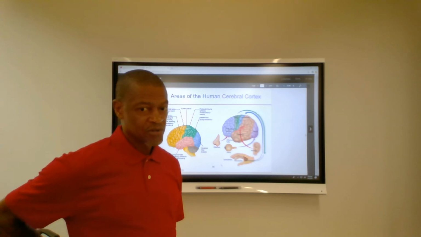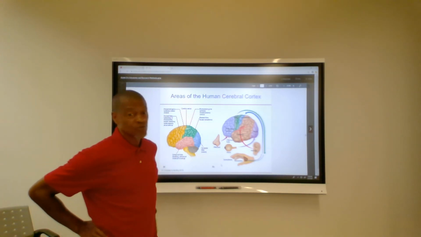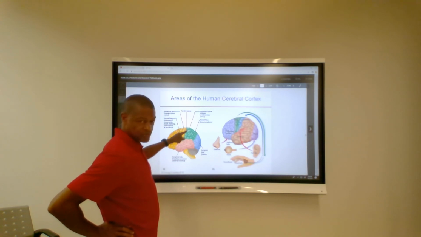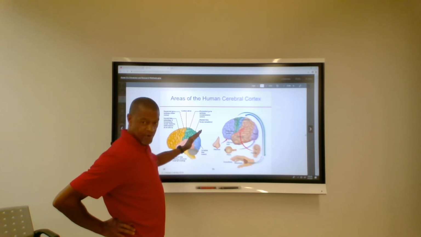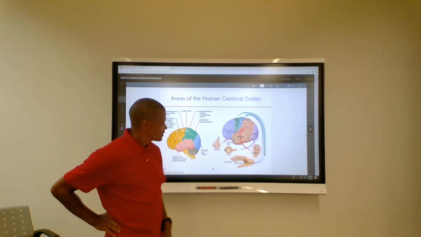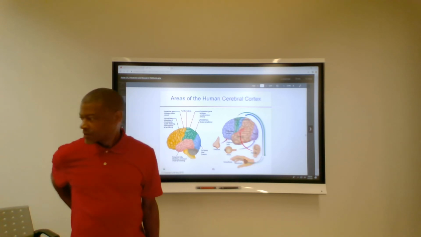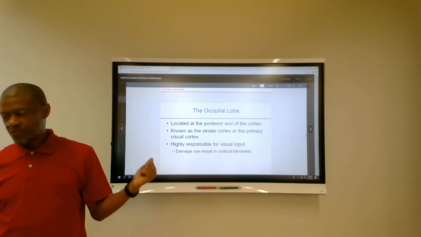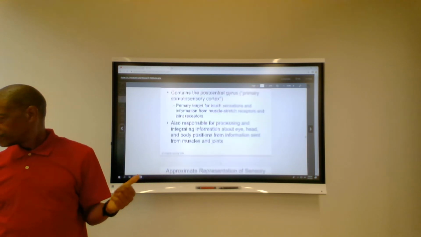Behind the central sulcus is the primary sensory cortex. Primary motor, primary sensory. So sensory, parietal; motor, frontal lobe. Again, occipital, parietal.